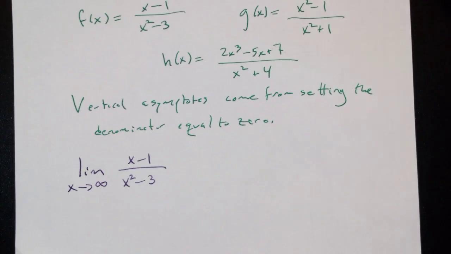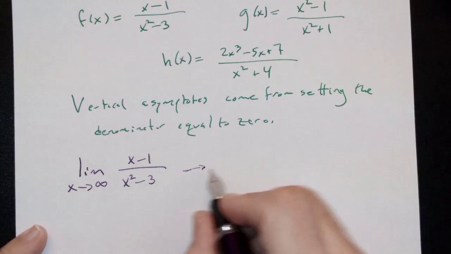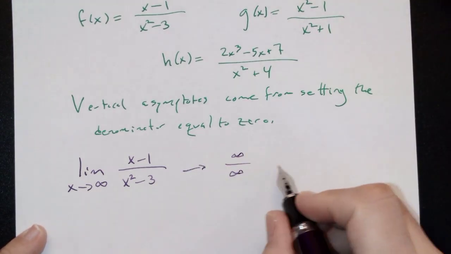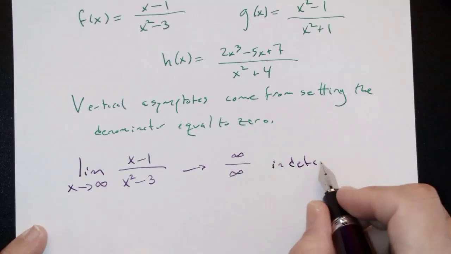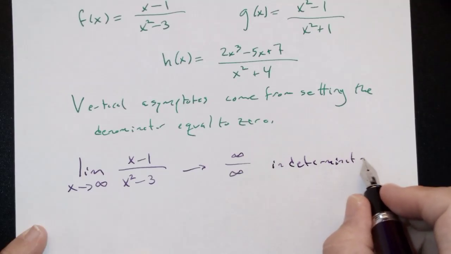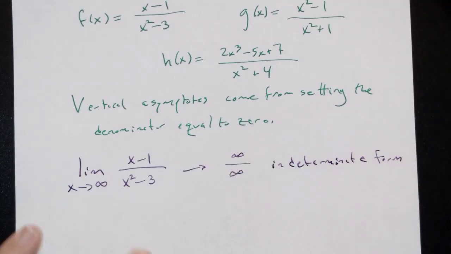I can't substitute like that. So really, I'm stuck because this somehow kind of goes to infinity over infinity. And that's another one of our indeterminate forms. At this point, I would curse thoroughly.